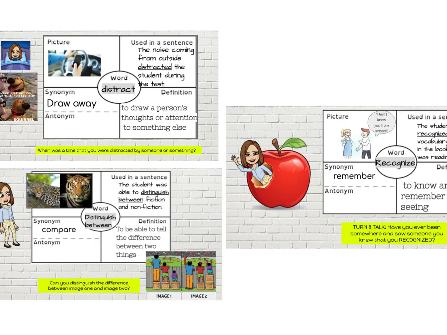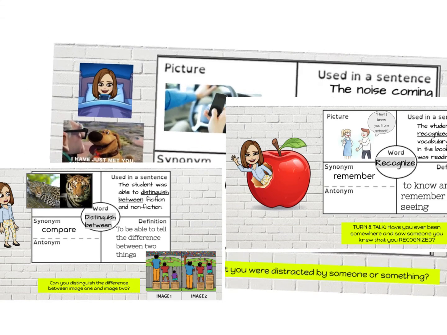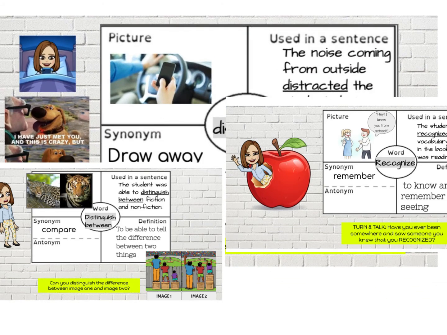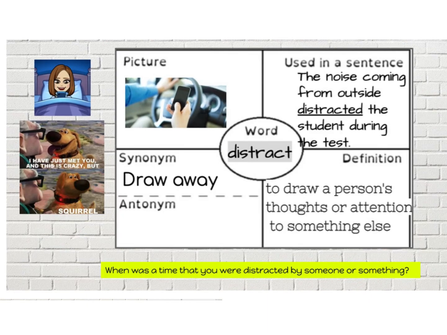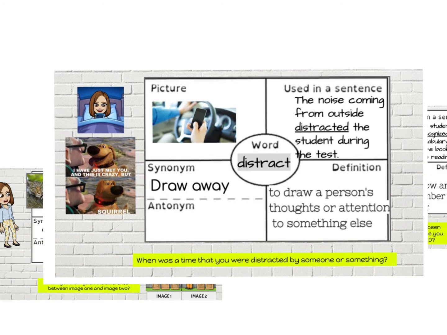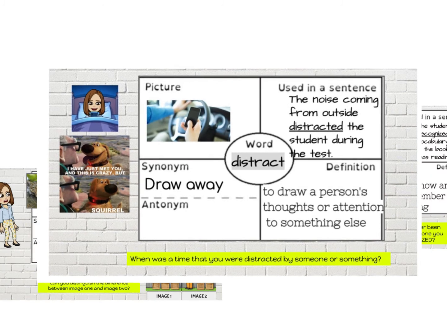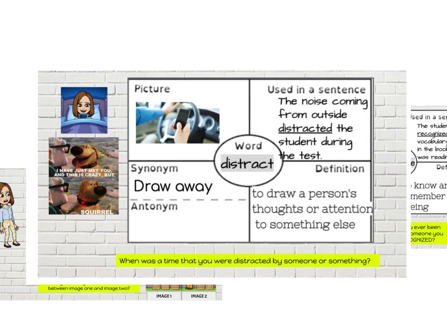Let's start by learning our vocabulary words for this week, and we are going to begin with our very first word for this week, the word distract. Our interactive notebook tells us the definition for the word distract is to draw a person's thoughts or attention to something else. I say the word, you say the word, distract.